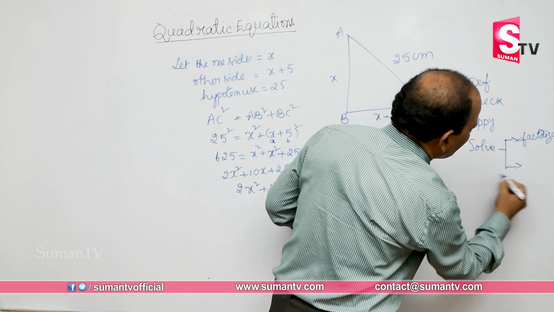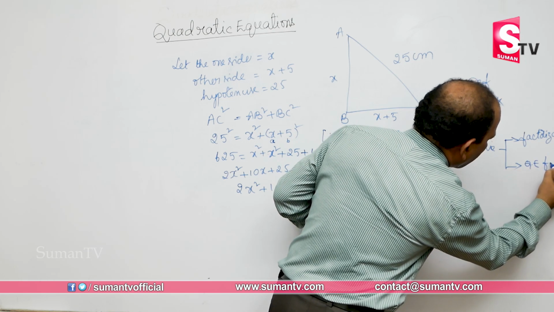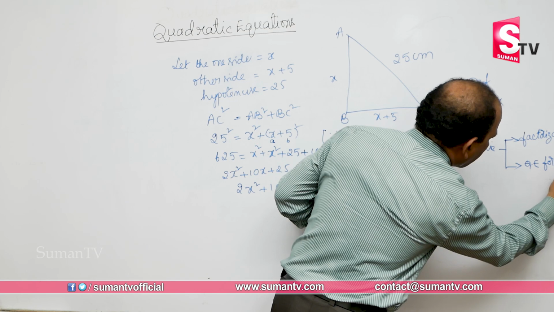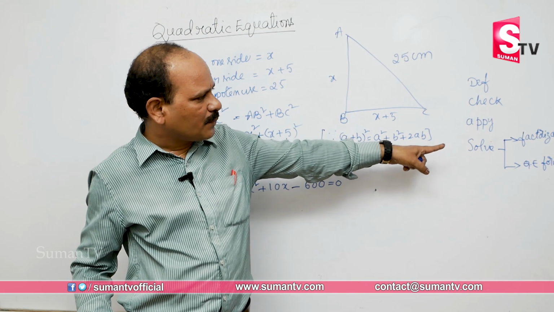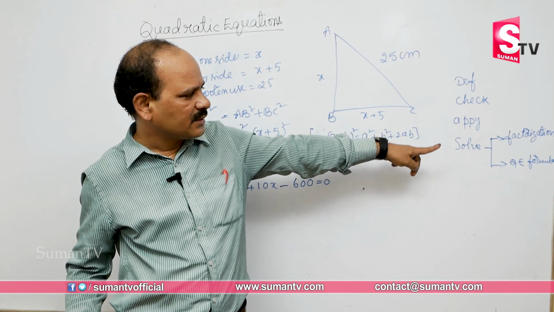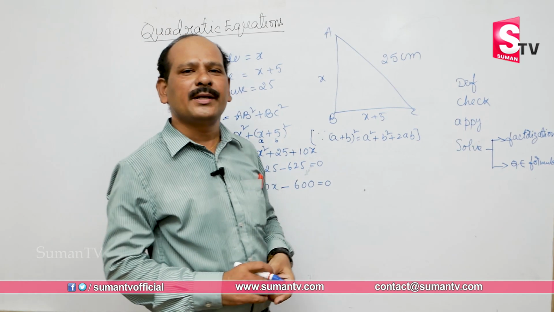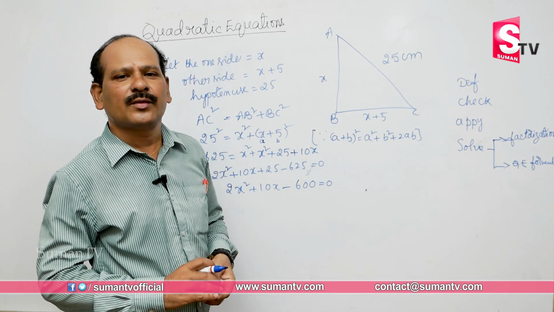Second one is the quadratic formula. Understand? One way we can solve the problem is by using the factorization method, and the second is by using the quadratic equation formula. In these two ways we can solve the problem.